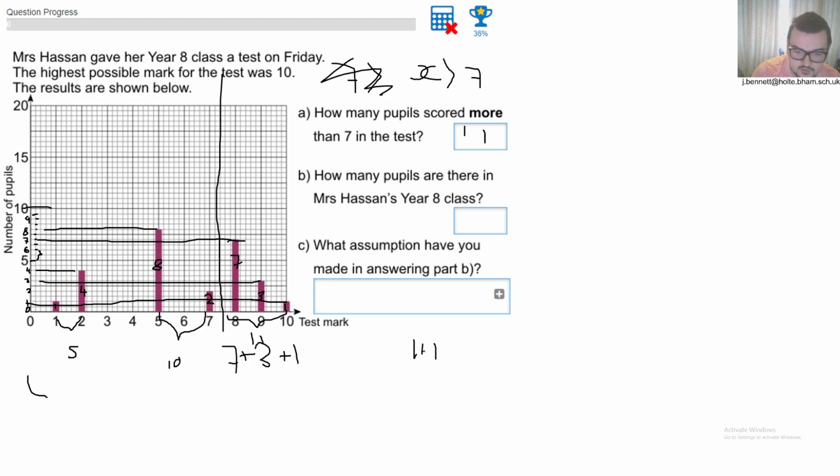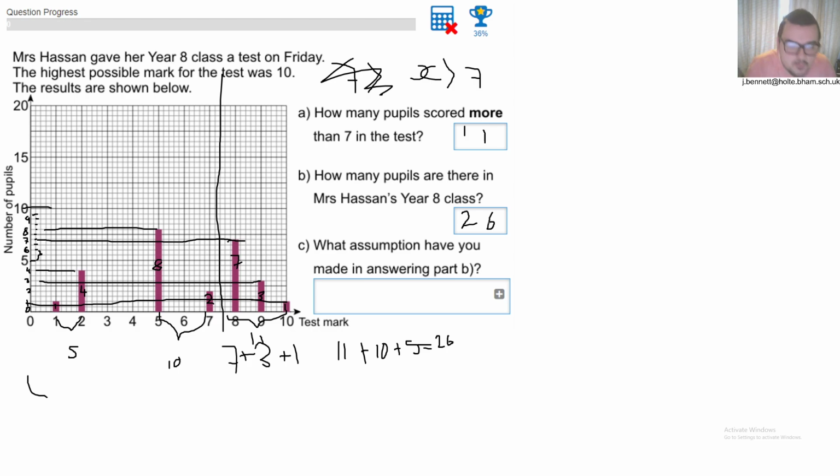So 11 plus 10 plus 5 equal, that's really not very clear. So let's try that again. So 11 plus 10 plus 5 equals 26. There are 26 pupils in Mrs. Hassan's Year 8 class.